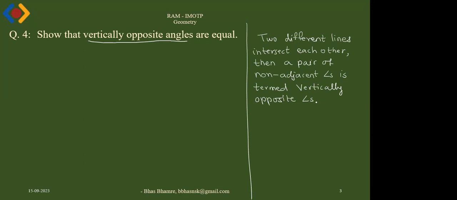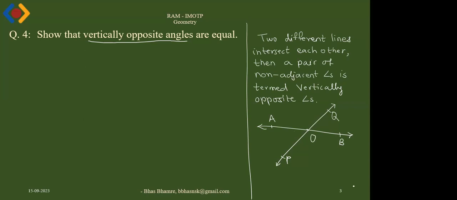We also can define it as when both rays of two angles are pairwise opposite rays, then they are vertically opposite angles. Suppose I consider that line AB and line PQ intersect each other at O, then non-adjacent angles.